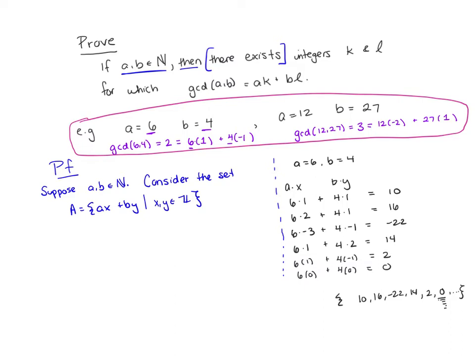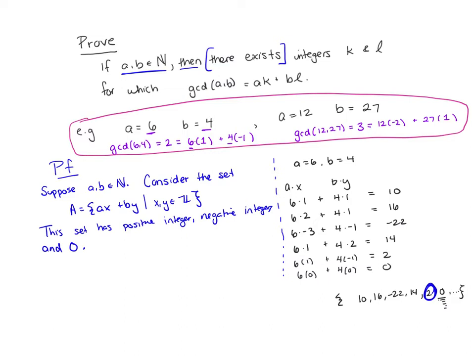So let's write that out. This set has positive integers, negative integers, and 0. And if we start playing around with this, then we should notice that the smallest number in this set that's positive is actually the GCD.